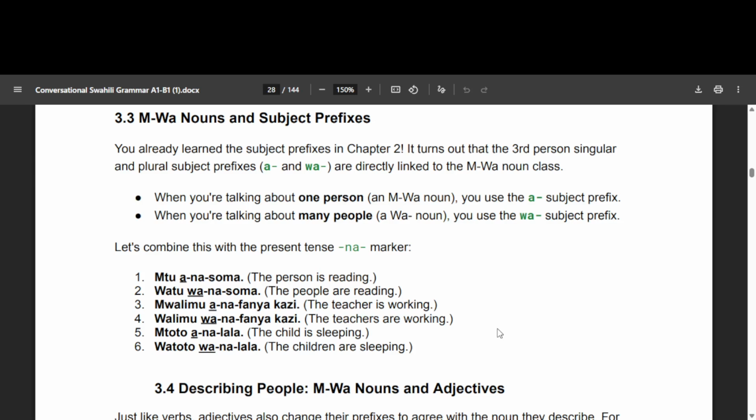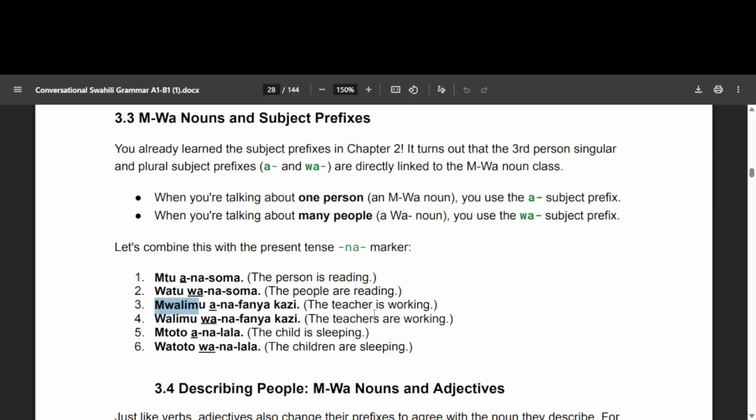Let's combine this with the present tense na. Number one, mtu anasoma. A person is reading. Watu wanasoma. The people are reading. Mwalimu anafanya kazi.